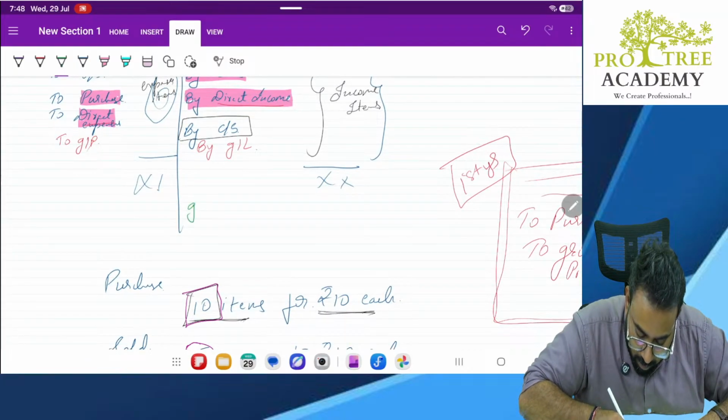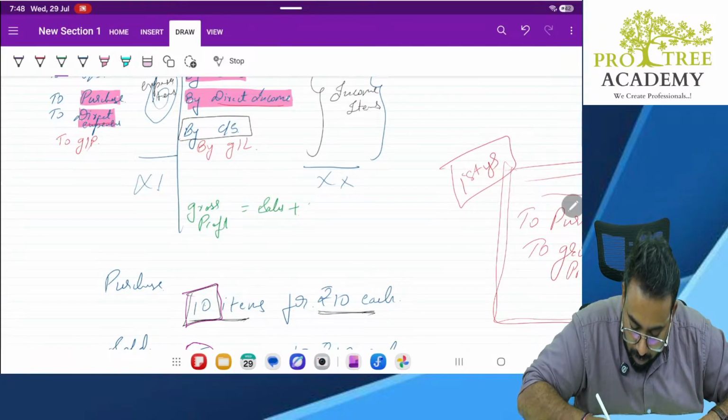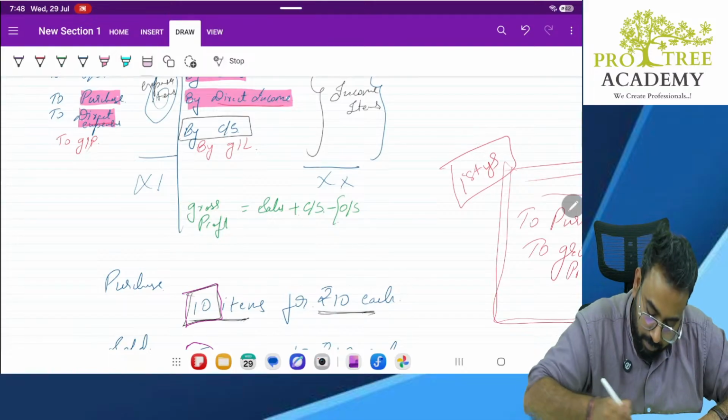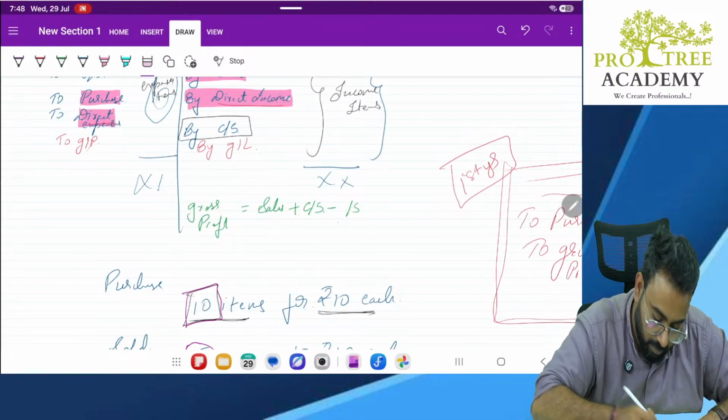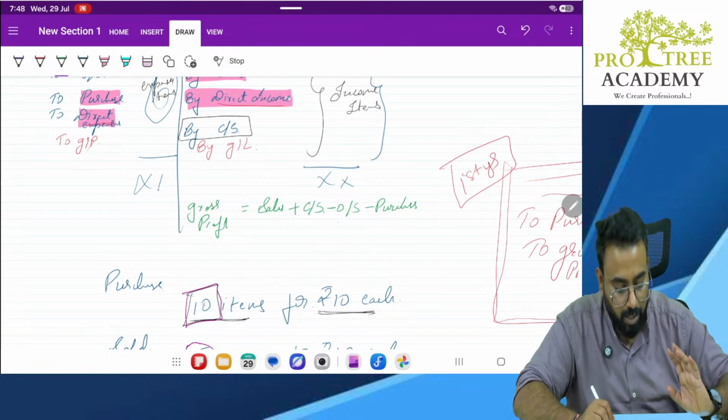Can I say gross profit is equal to sales plus closing stock minus opening stock minus purchases will give me gross profit?